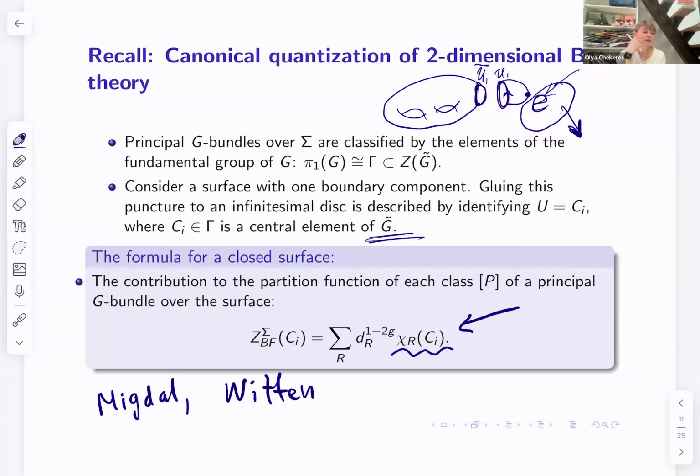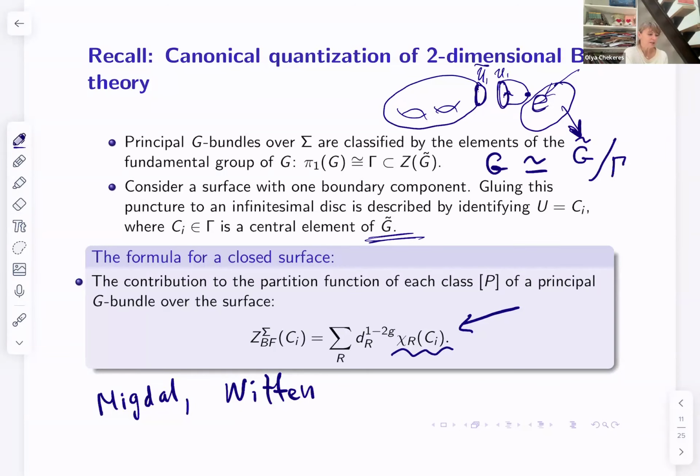The principal G bundles are classified by the elements of the fundamental group of the structure group G. And these correspond to the subgroup of the center of the covering group, in a way that we define G by the quotient of the covering group by the normal subgroup of the center.